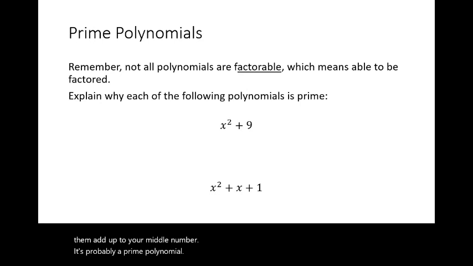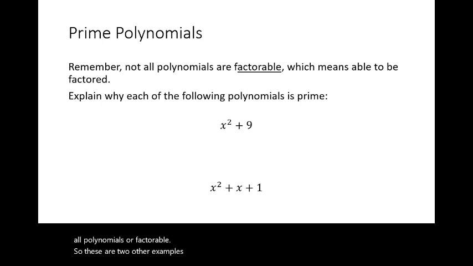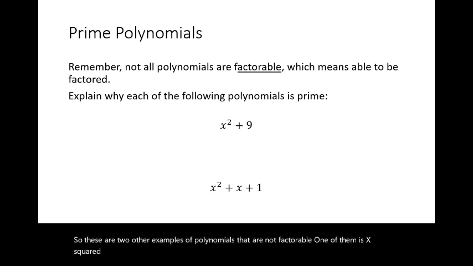So not all polynomials are factorable. I do want to put that out there and put that disclaimer. Not all polynomials are factorable. So these are two other examples of polynomials that are not factorable. One of them is x squared plus 9. When there is no middle term, you can assume that there is a 0x here.